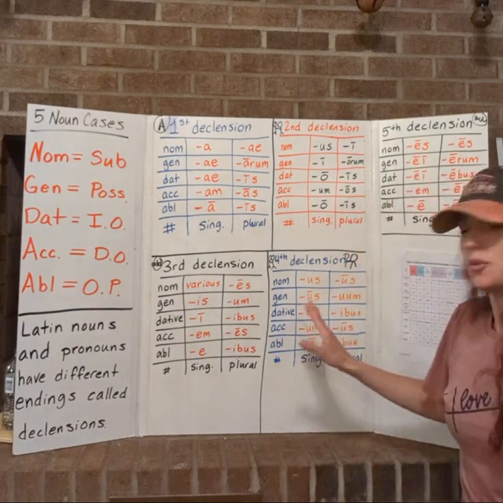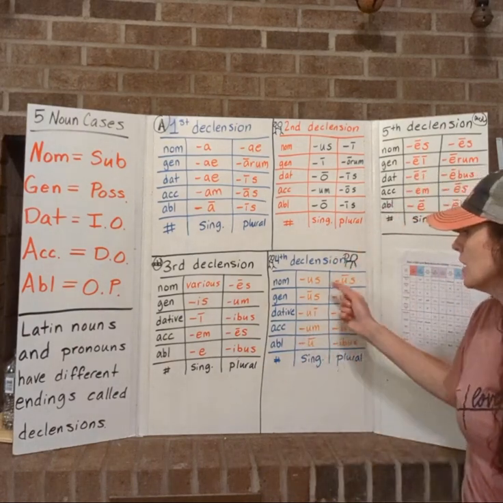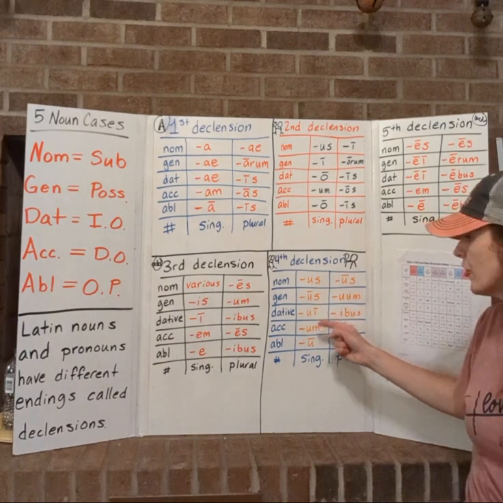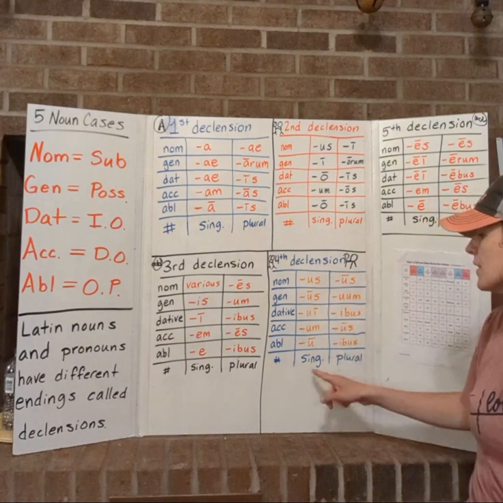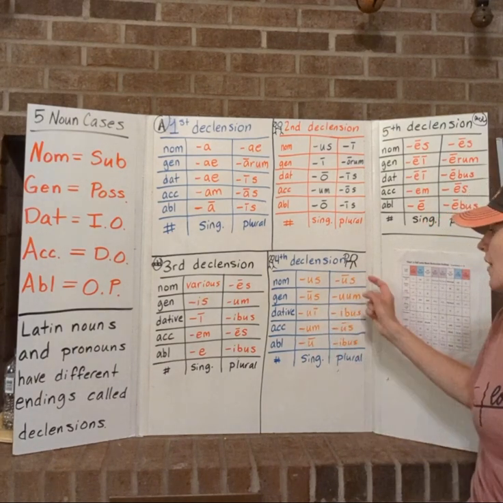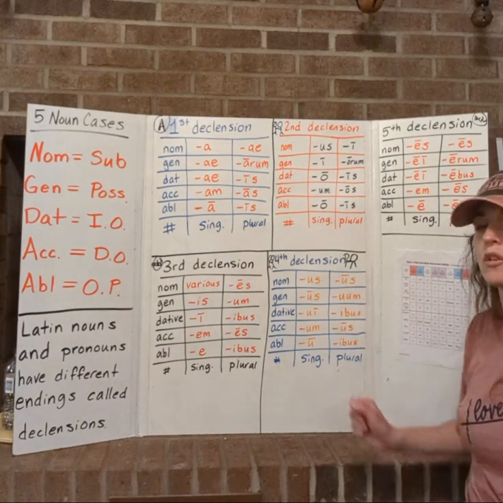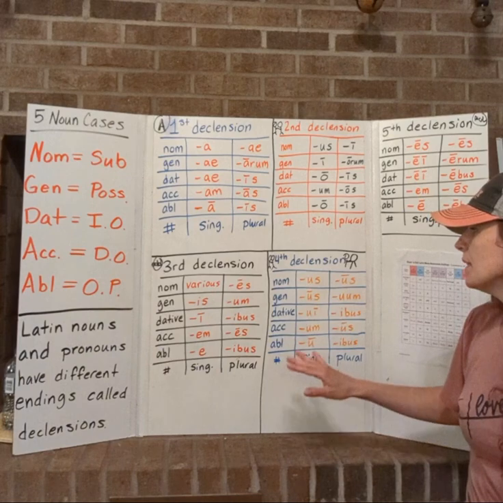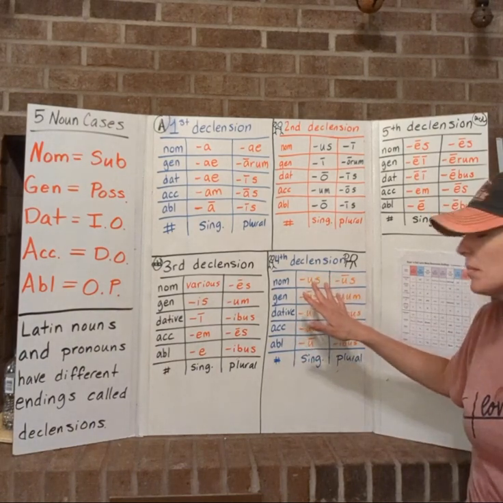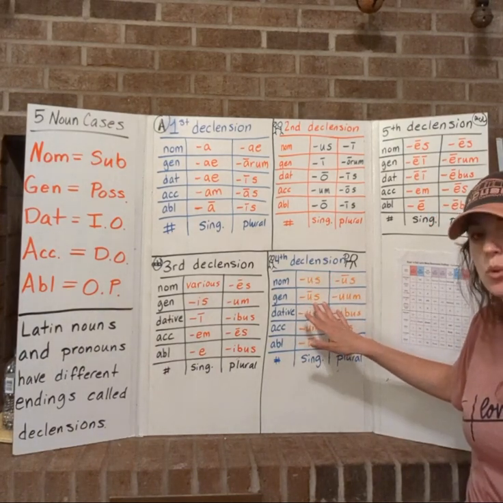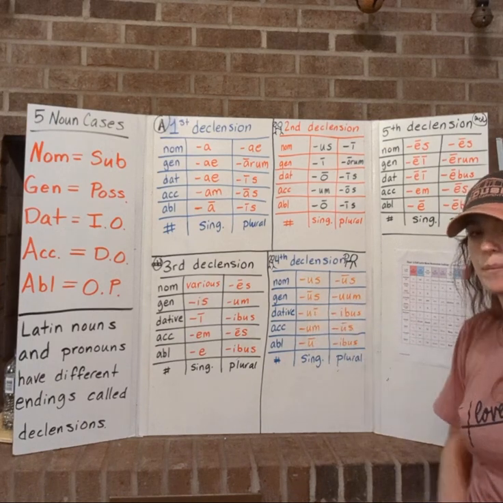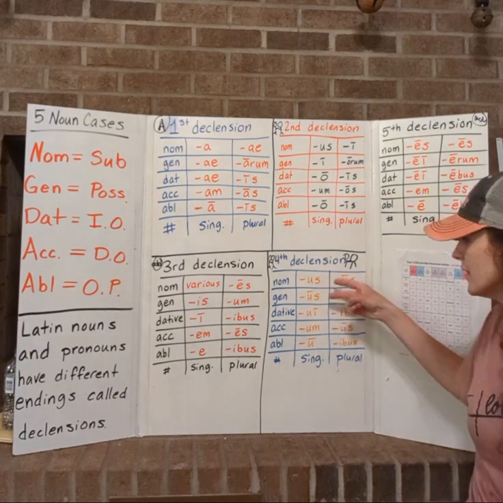Okay, and then we move on to the fourth declension. We've got us, us, ui, u, singular fourth declension, and then us, ibus, us, ibus, plural fourth declension. Now we've got here another "us," but look, we've also got an "us," right? So it looks like two us's.